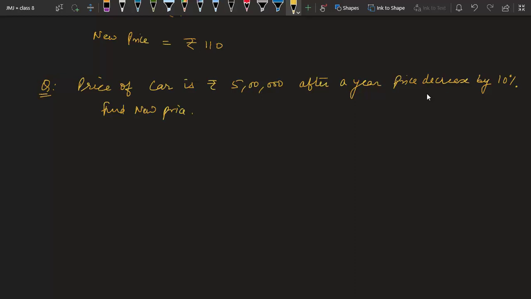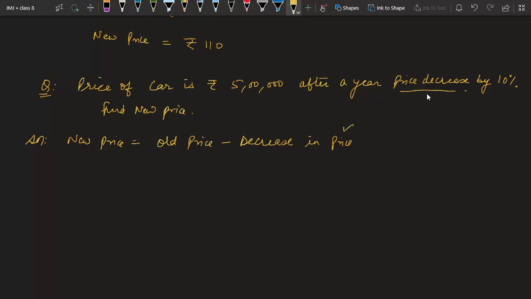We have to find the new price. Again we have to write the statement first. We all know new price will be given by old price. This time it is decreasing by some percentage. So old price minus decrease. This decrease in price is 10%. We have to find its value and then put it here.